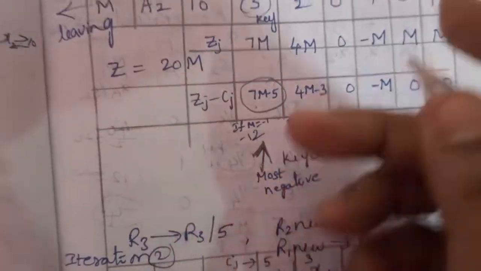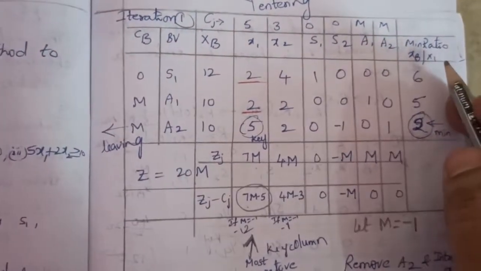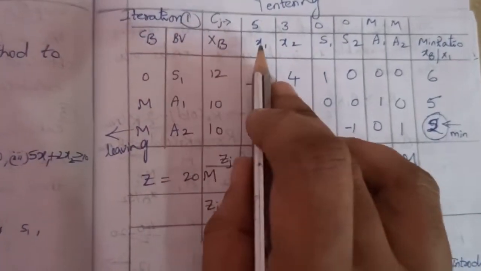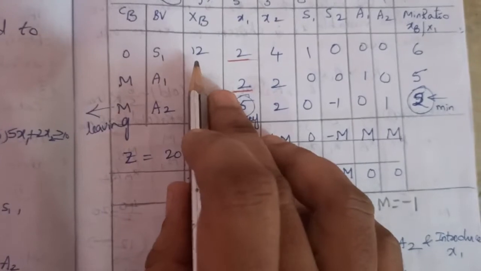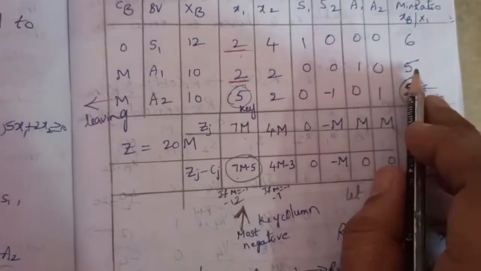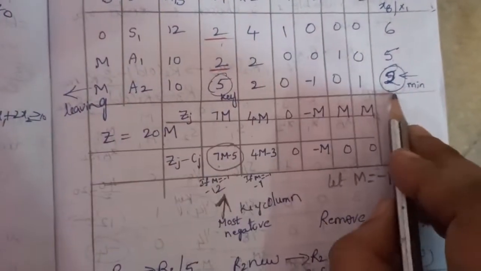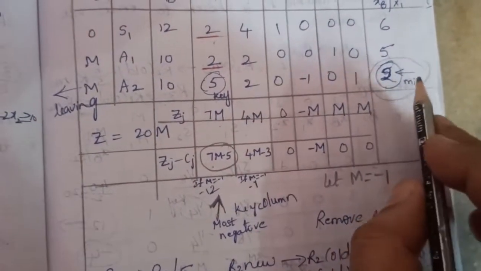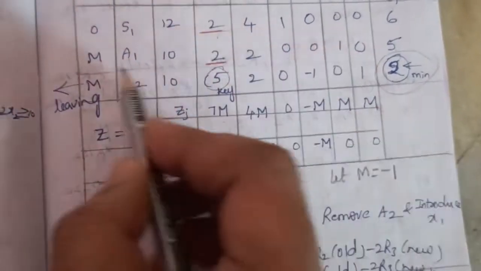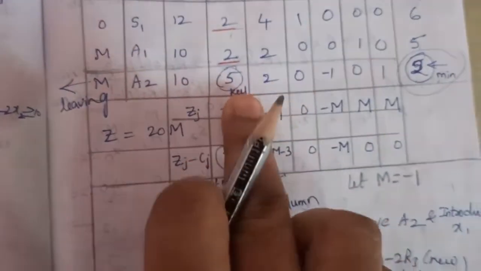That's why this is the key column I am selecting. The minimum ratio we have to find out from XB divided by x1. So 12 divided by 2 is 6, 10 divided by 2 is 5, and 10 divided by 5 is 2. So this is the minimum value. That's why this is the key row. Key row, key column, this is the key element.